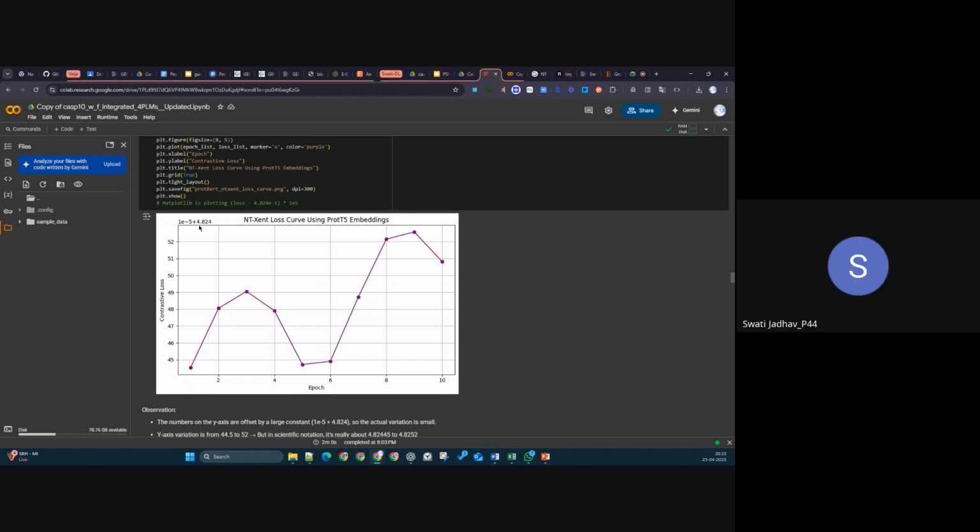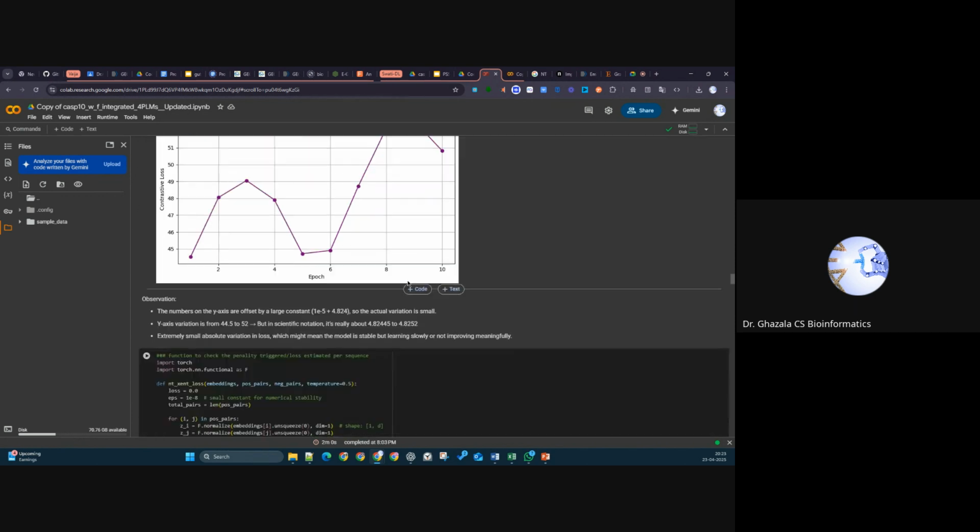But again we have the loss in exponent form, like 4.824 times 10 to the power minus 5. That is again too little for us to consider our model unstable.